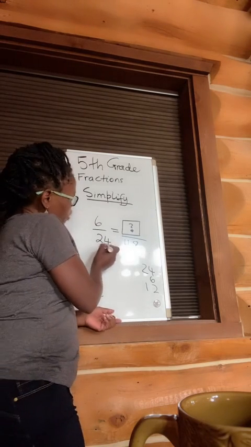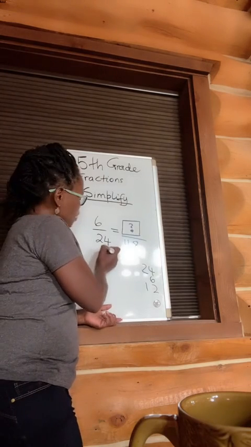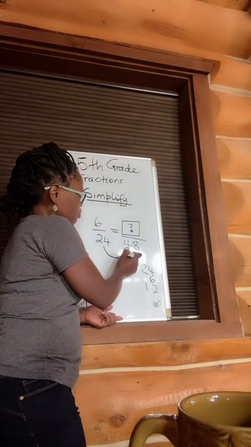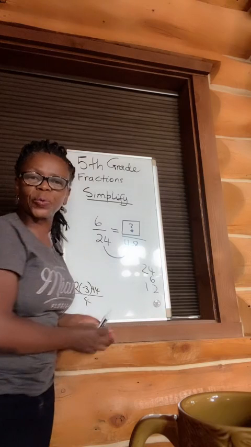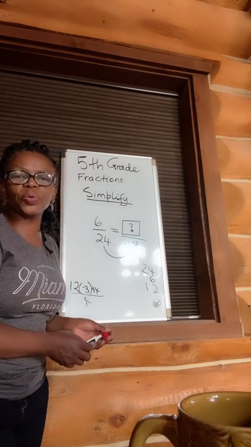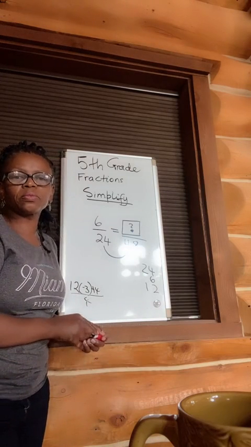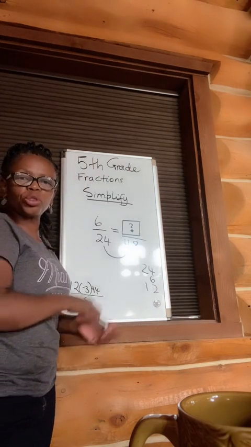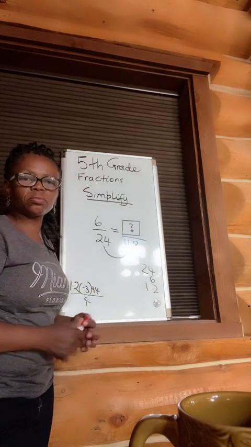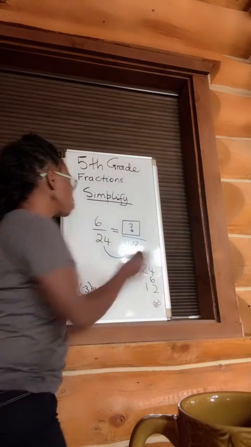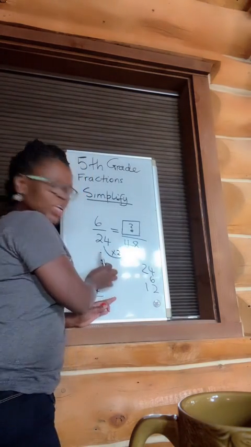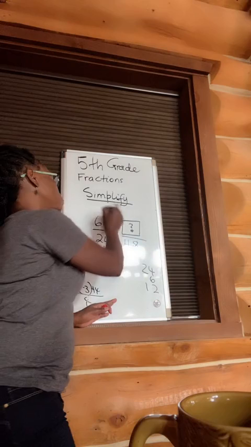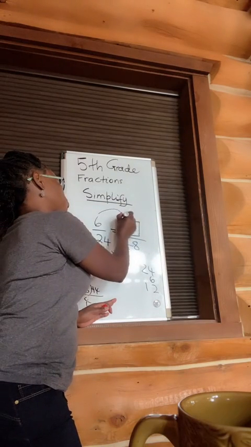So when we have 24, how do we get 48? How did we go from 24 to 48? What did we do? Multiply by 2, yes.